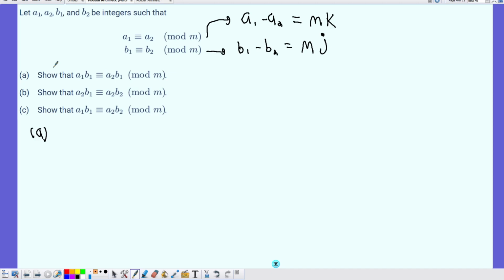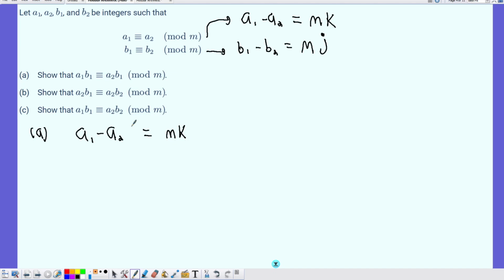So thinking ahead, if I can show that the difference of those two values is somehow a multiple of M, then I've proven a congruency. And I think the easiest way to do that is to take the fact that A1 minus A2 is equal to M times K.